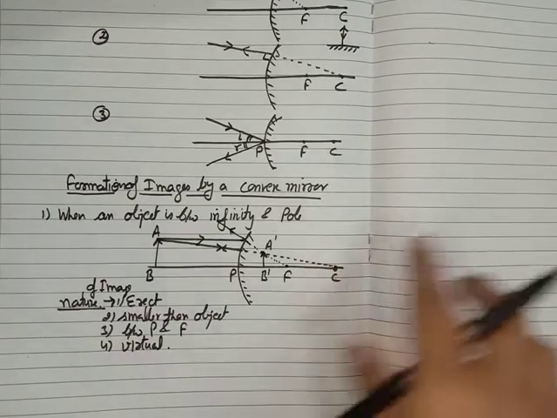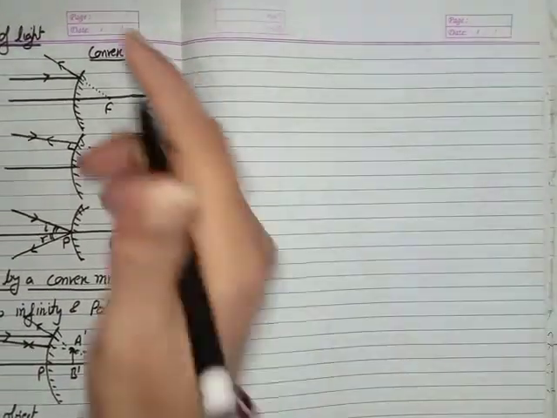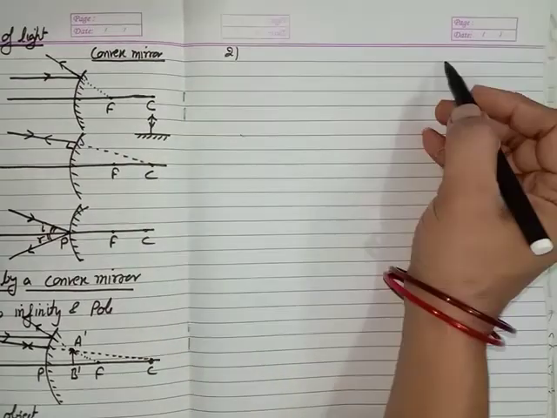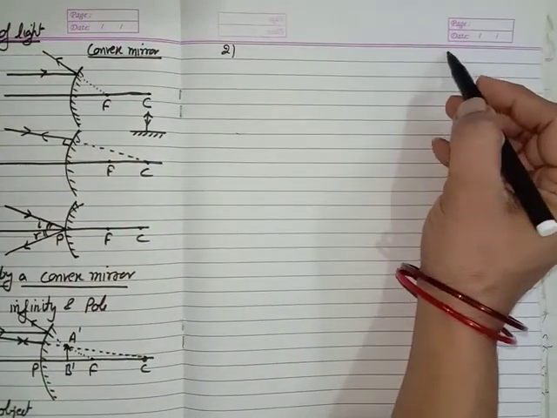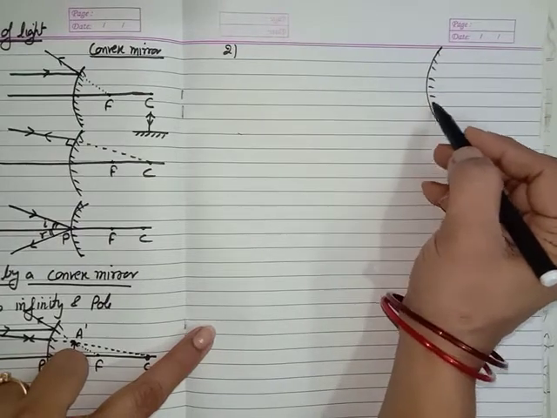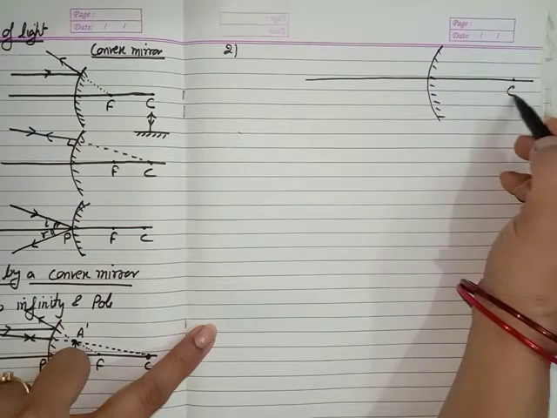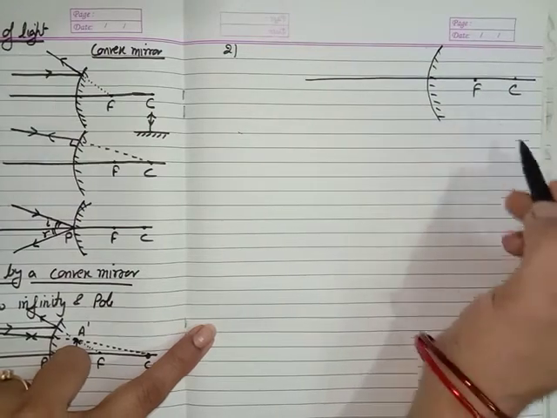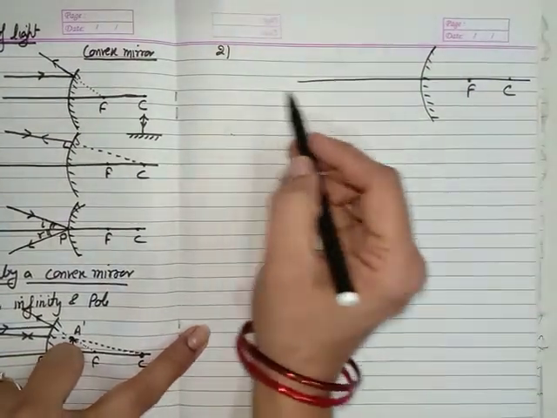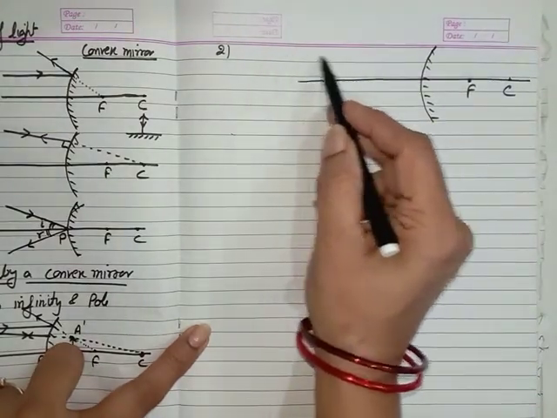Now the second case: if we put the object at infinity, what type of image is formed? So this is a convex mirror. Again, you can use your compass, and this is the center of curvature, and this is the principal focus. If the object is at infinity, it means the rays are coming from infinity.